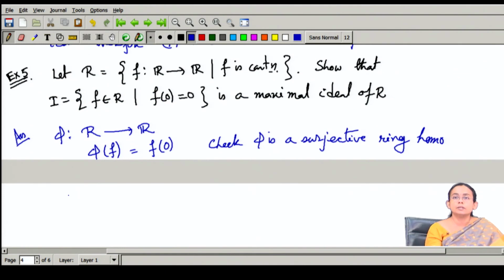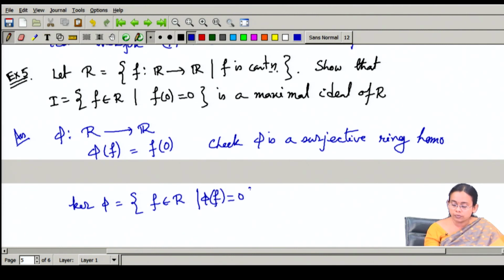If you see the kernel, the kernel of phi is the collection of all the functions in R such that phi of f is equal to 0.